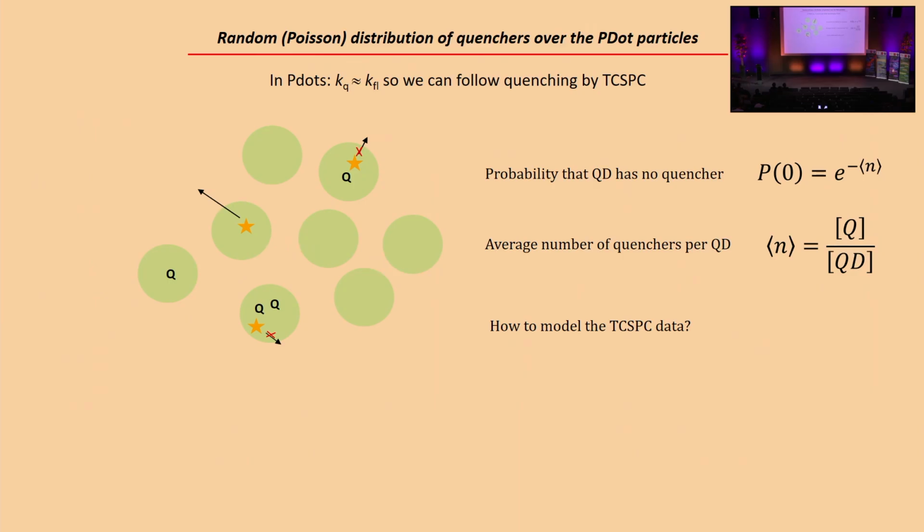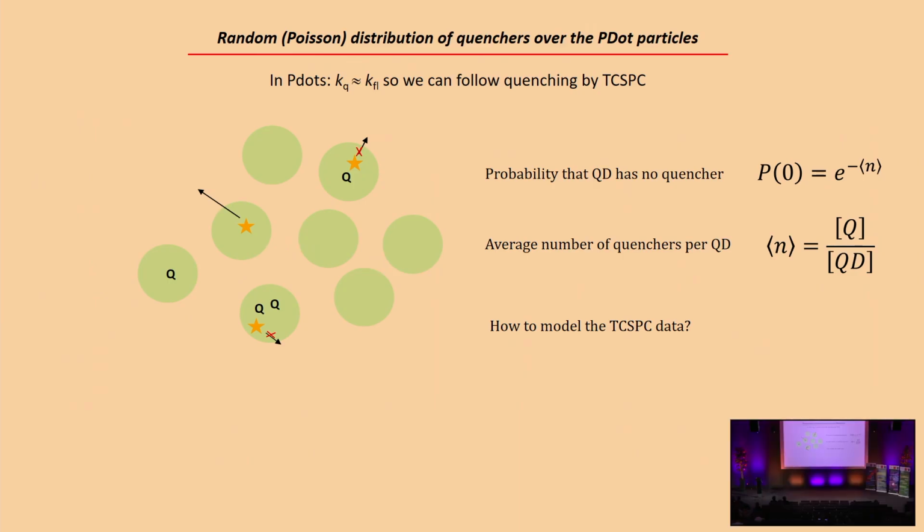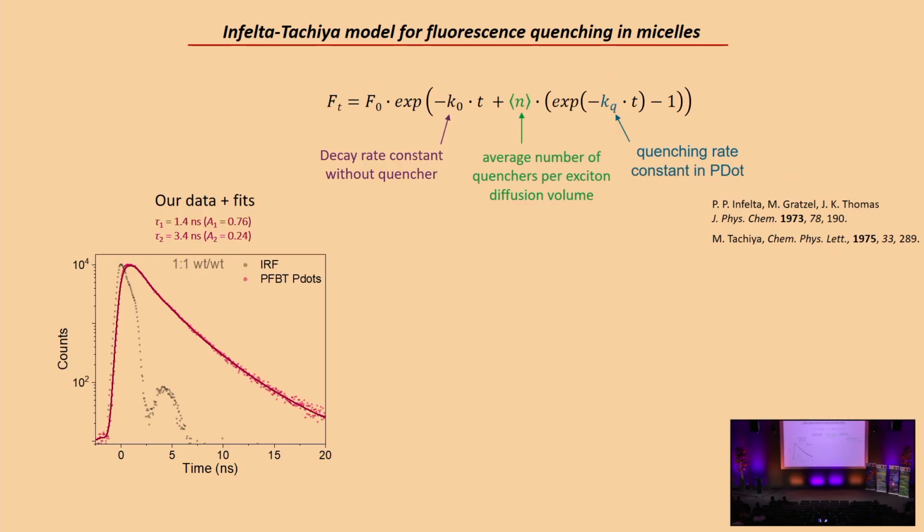And here we assume a Poisson distribution of quenchers. The difference from the previous case is that we cannot assume that the fluorescence is entirely quenched just because they are in the same volume. Instead, we choose to use the Infelta-Tachiya model that was developed for fluorescence quenching in micelles.